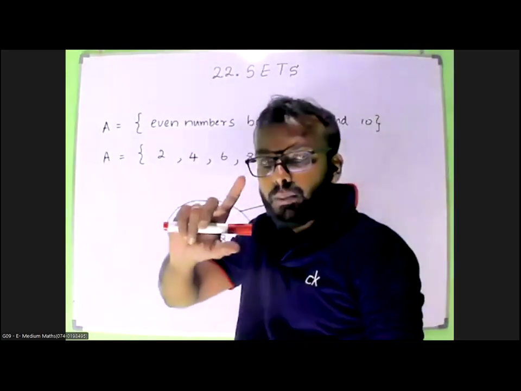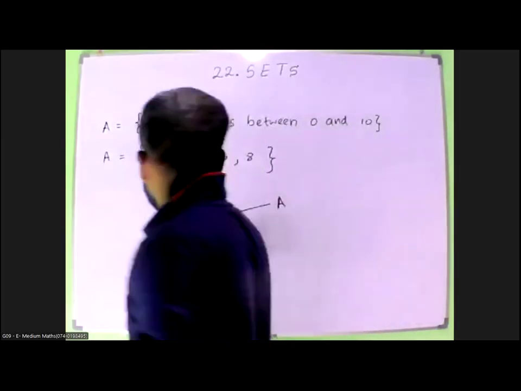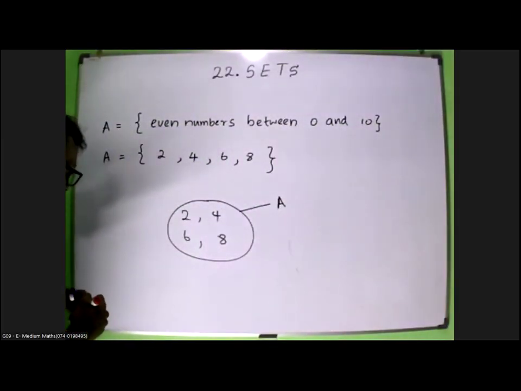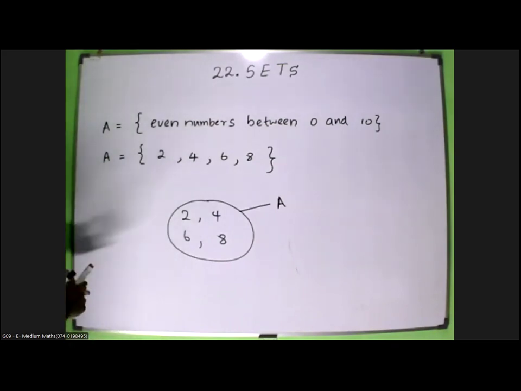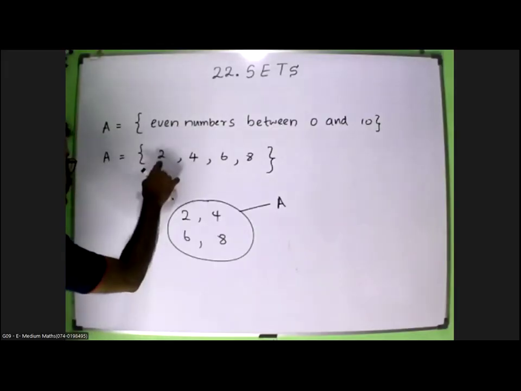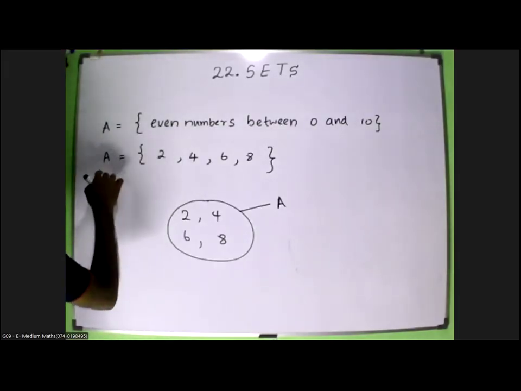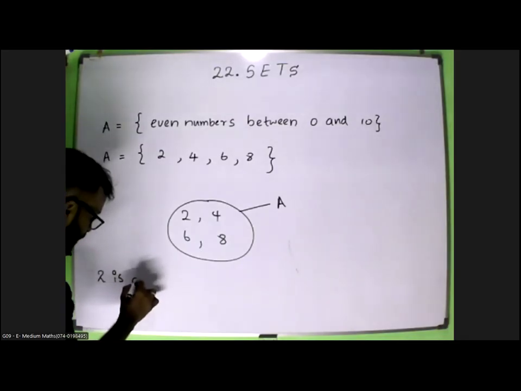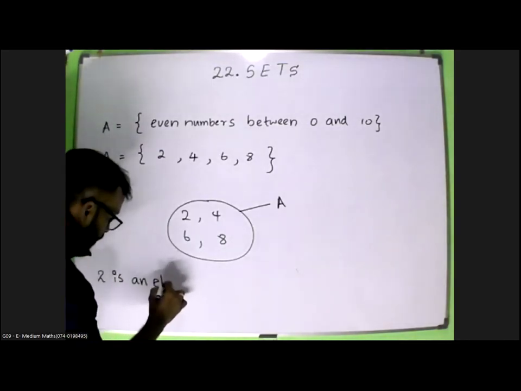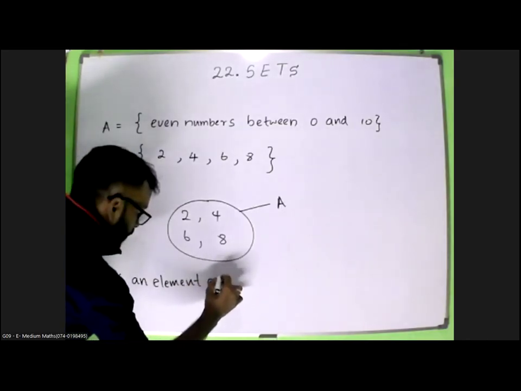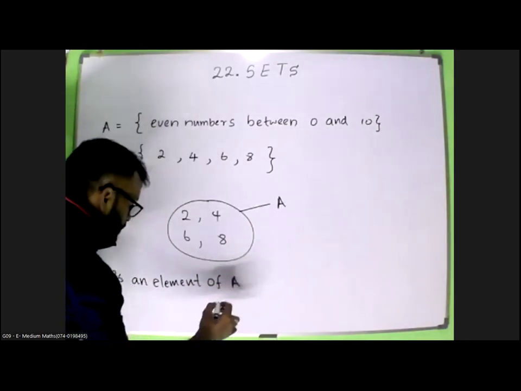Let's see. Now look at the board. 2 is an element of A. So how do I write 2 is an element of A in a mathematical form?